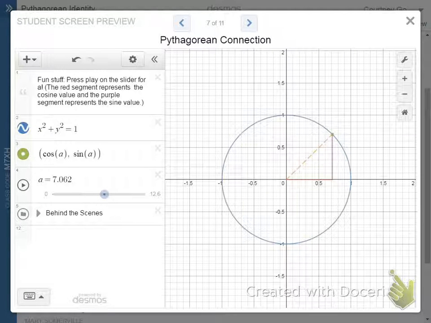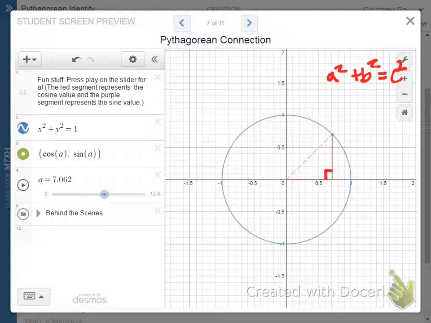let's look at how this is connected to the Pythagorean theorem. So I know that the Pythagorean theorem is a squared plus b squared equals c squared. Okay, and I know that I use the Pythagorean theorem for right triangles, right?